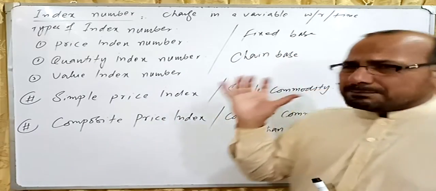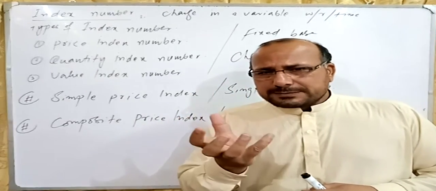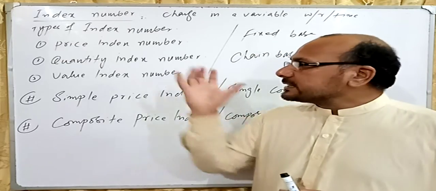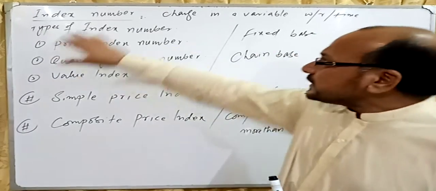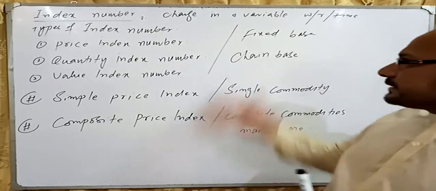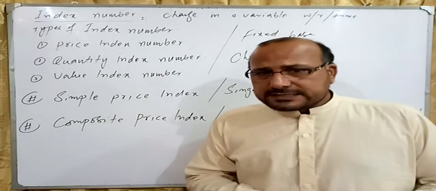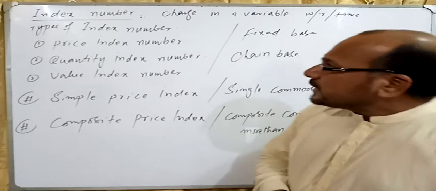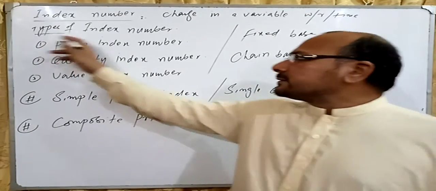But I will give you a brief explanation here in this video. Change in a variable with respect to time, that is basically called index number. Now there are many types of index number.